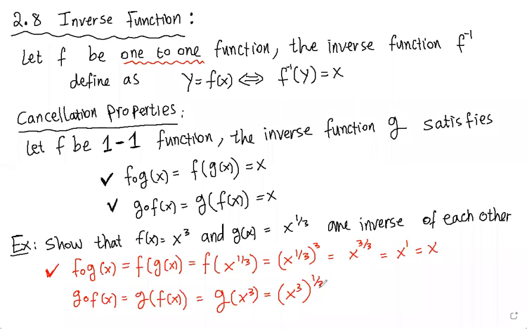Same thing, we multiply the two exponents, I get x to the 3 over 3, and that gives me x to the 1, which is equal to x. And the second property is also satisfied, it gives me x. Because the first one and the second one both give me x, this means the functions f and g are inverse to each other.